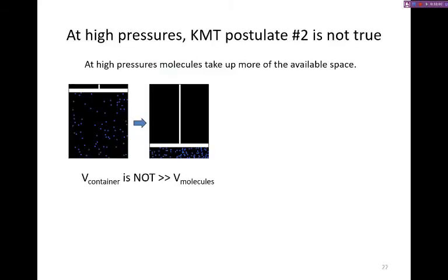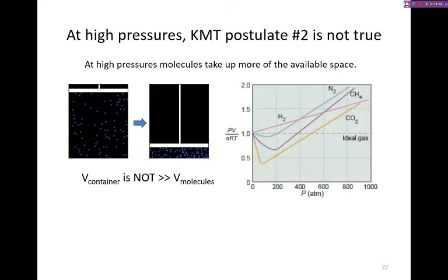So at very high pressures, the second postulate is not true. At high pressures, we're going to compress our gas, and the volume of the container is not going to be as large, and therefore the volume that the molecules themselves occupy is going to be significant. If we were to plot PV over nRT, then for an ideal gas, it should be equal to 1.